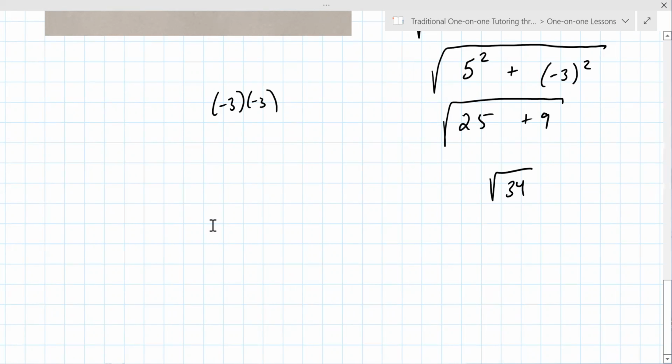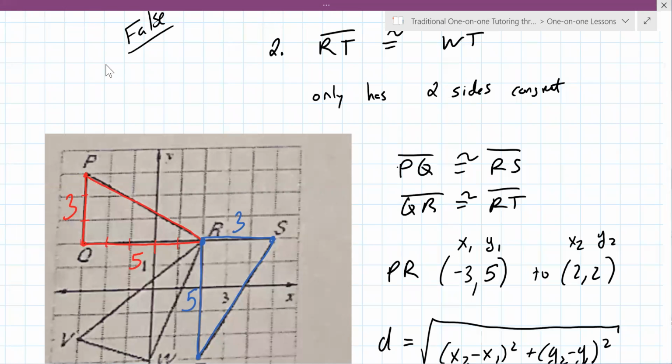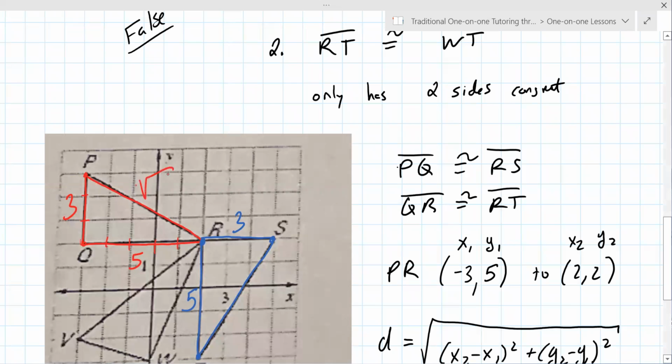So that's the distance from P to R. The square root of 34.